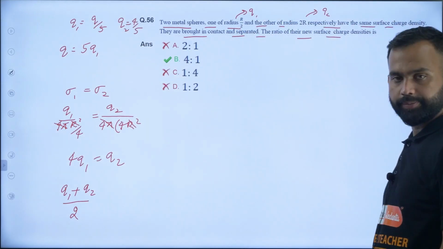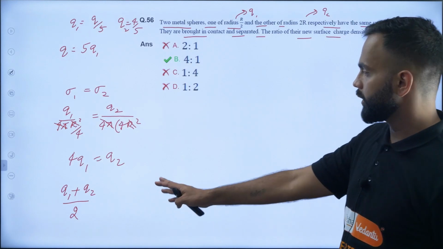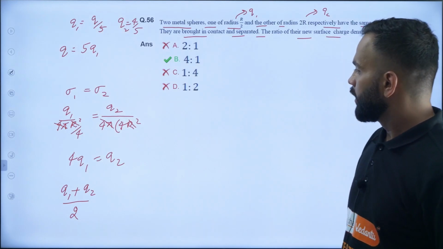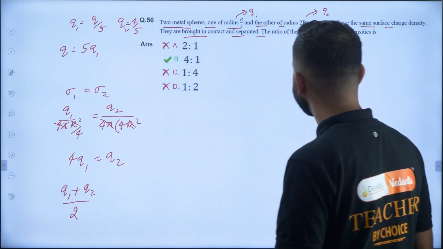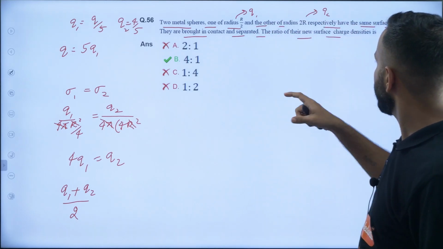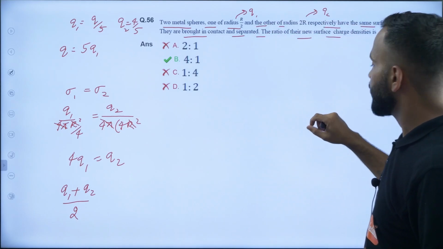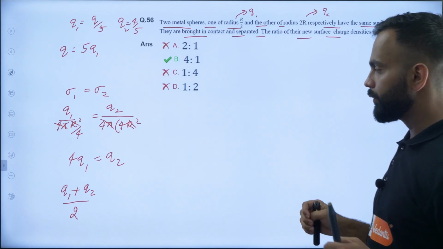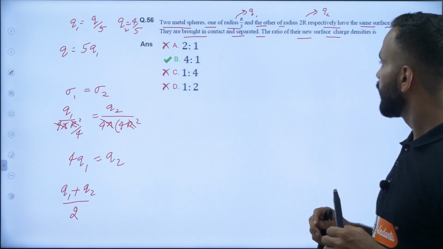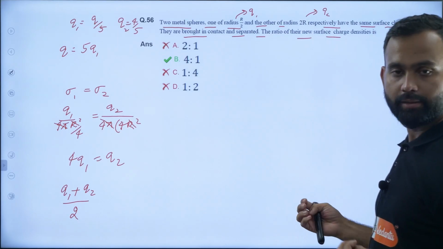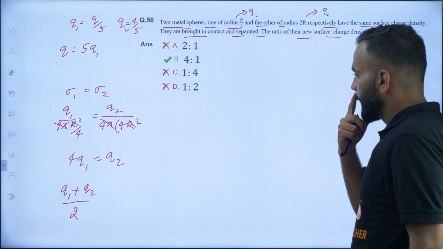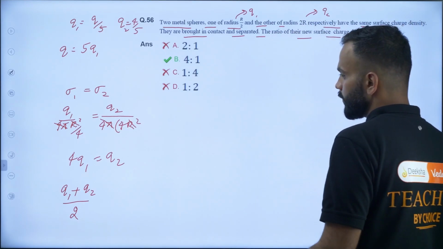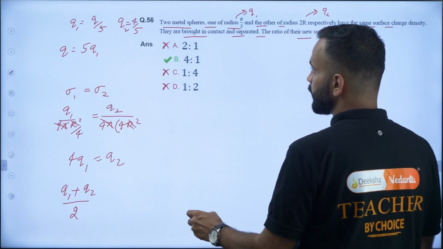Yeah. So now it is (Q1 plus Q2) by 2. Each metallic sphere will get the charge (Q1 plus Q2) by 2. So we need to find their new surface charge densities, after they are brought in contact and then separated.